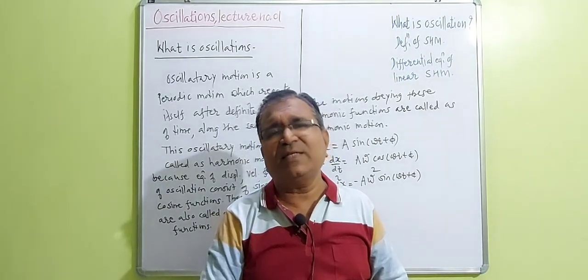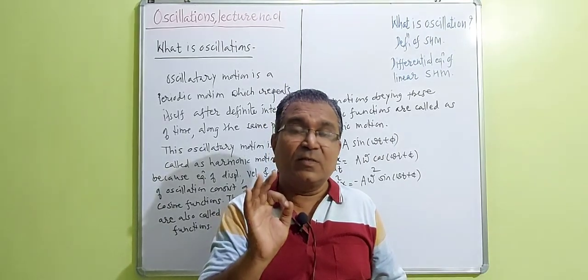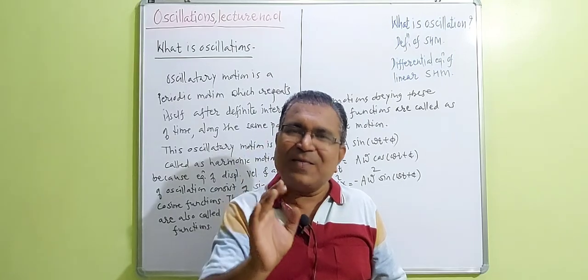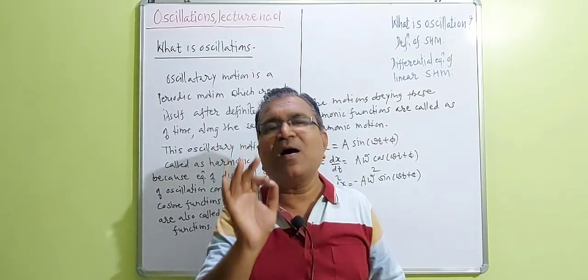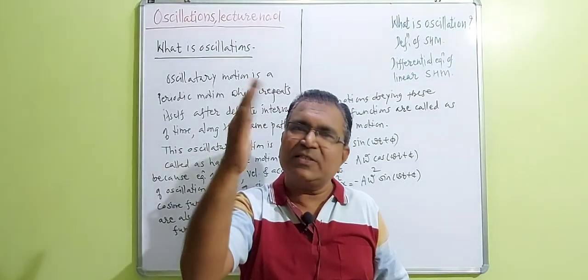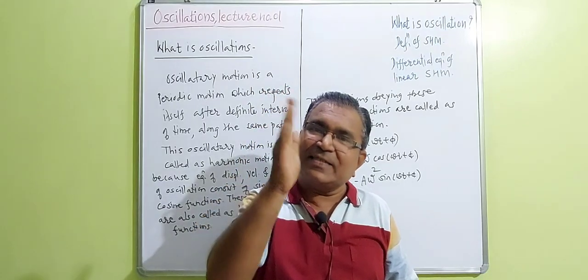So these are some examples of simple harmonic motion. We can also say the oscillation or vibration of different parts of a vehicle when the engine is on. When the engine is on, the parts of the vehicle vibrate like this.